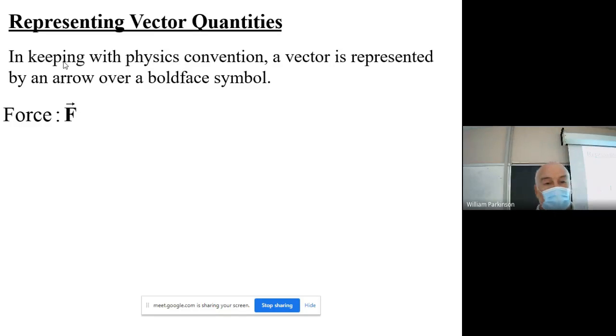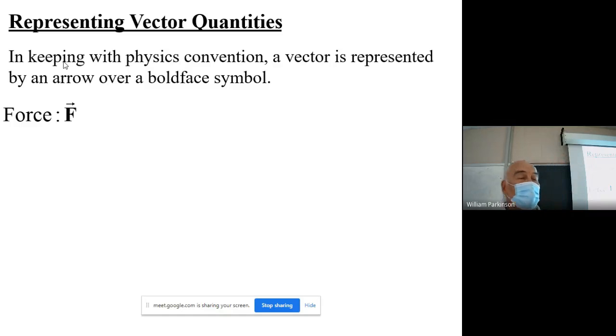Well, when you're representing vectors, we often use boldface type, but certainly that can be misleading because we use boldface type a lot when we're just trying to emphasize things, and it might not necessarily mean it's a vector. Certainly, if you put a little hat on top of the letter representing the quantity, and the hat is an arrow, so when you put an arrow hat on top of a quantity representing a value, then you know not only is there a number associated with that value, there is a direction associated with that value.